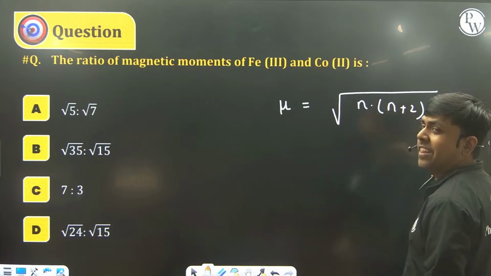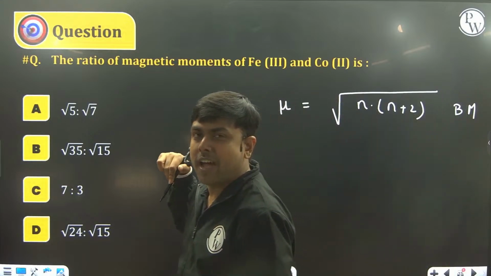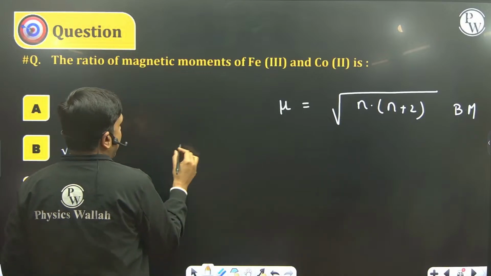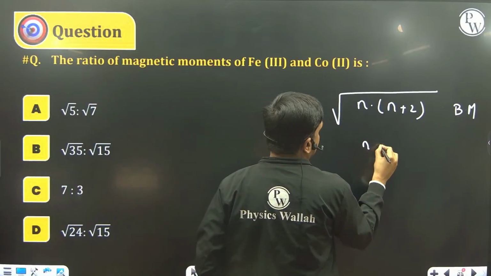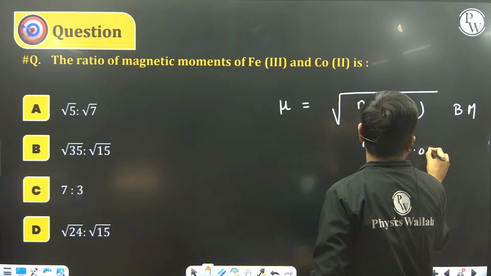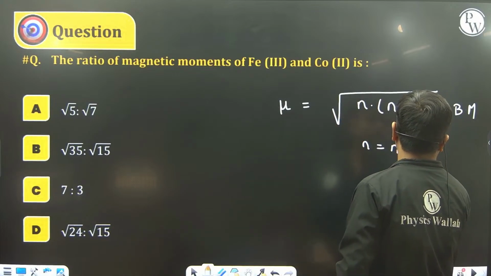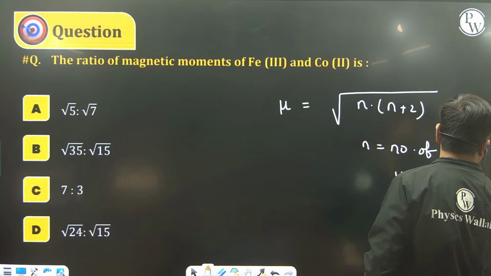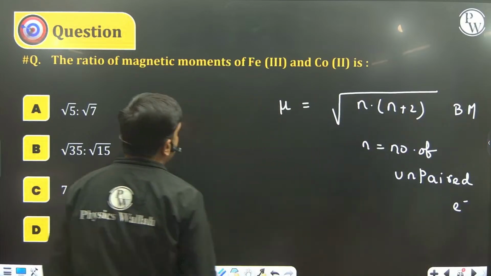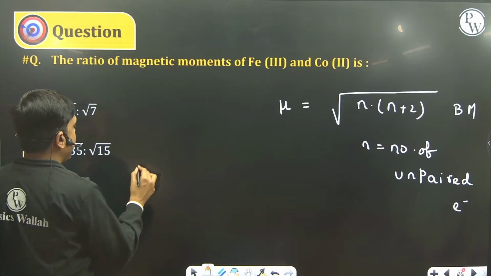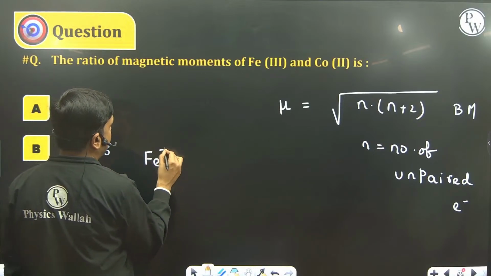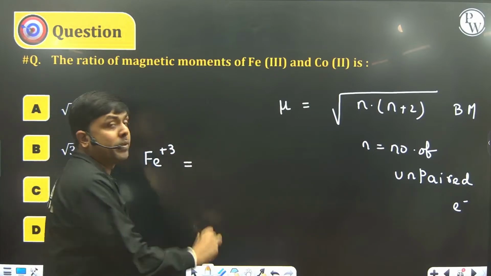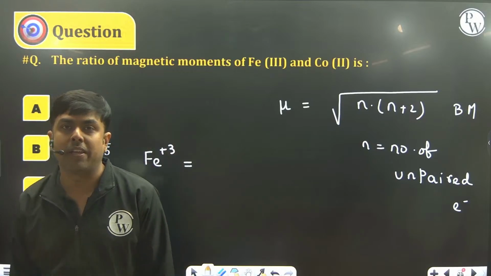And what is this n? n is the number of unpaired electrons, right? Okay, Fe plus 3. Iron is in plus 3 oxidation state. Can you tell me the configuration of this iron plus 3?